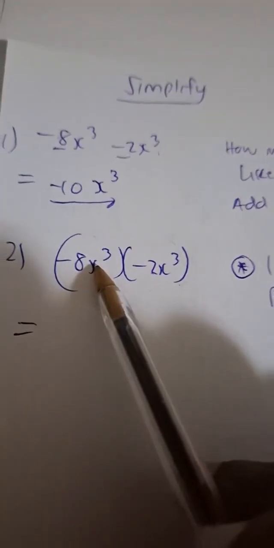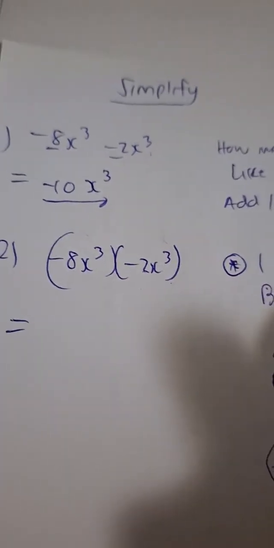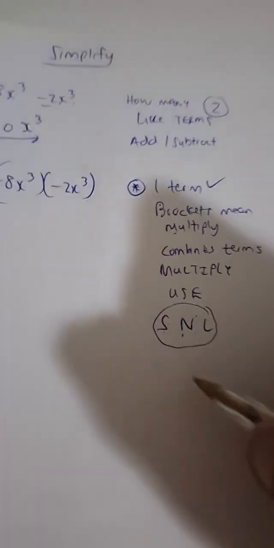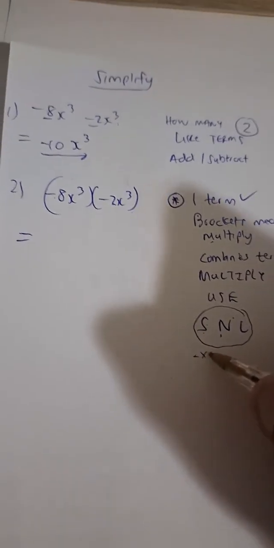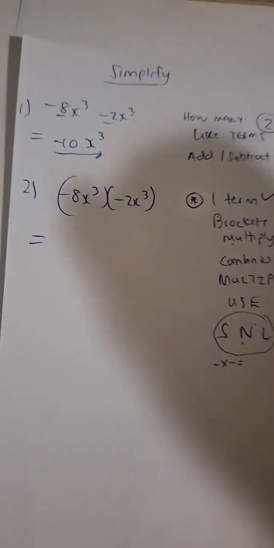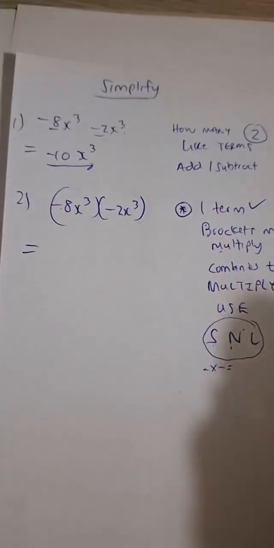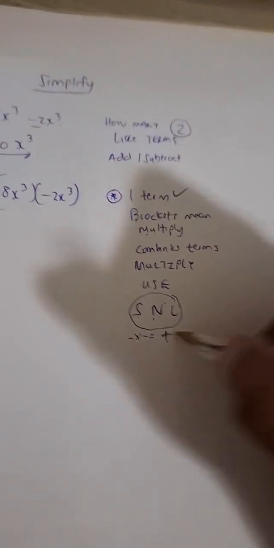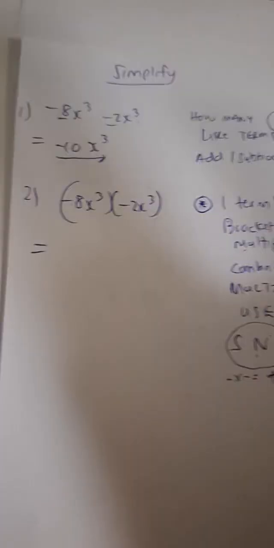So let's multiply the signs first. Negative times a negative gives us what, guys? What sign do we get by multiplying a negative and another negative? Okay, thank you, Sphio. We get a positive, 100%.